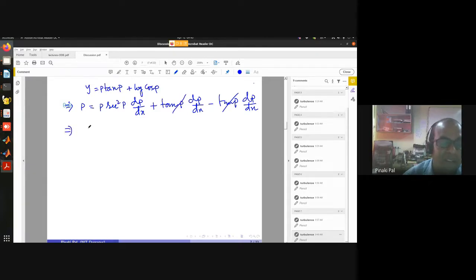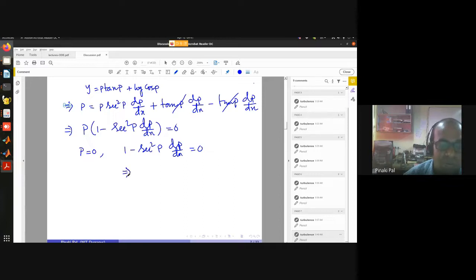And then we get 1 minus sec square p dp/dx equal to 0. So we have two factors. One is p equal to 0, and the other one is 1 minus sec square p dp/dx equal to 0.